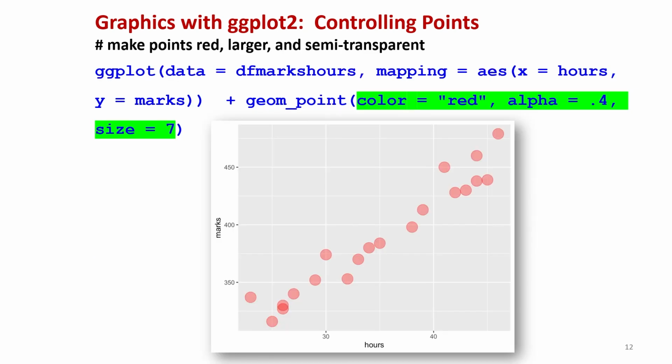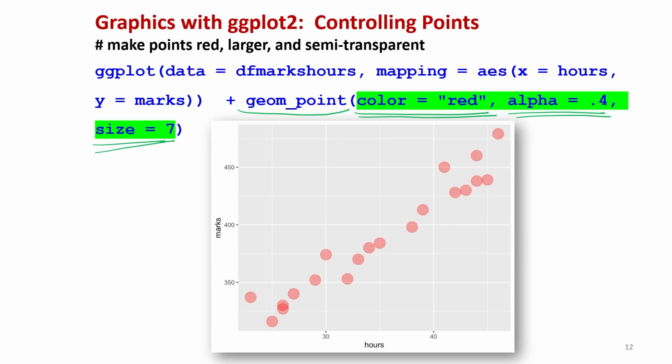So for example, let me show you: I add color, alpha and size inside the geom_point function within the parentheses. So I use color equal to red, alpha equal to 0.4, and size equal to 7.